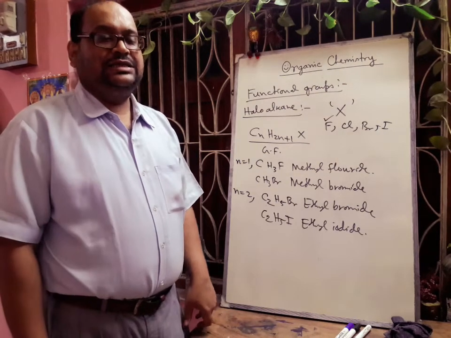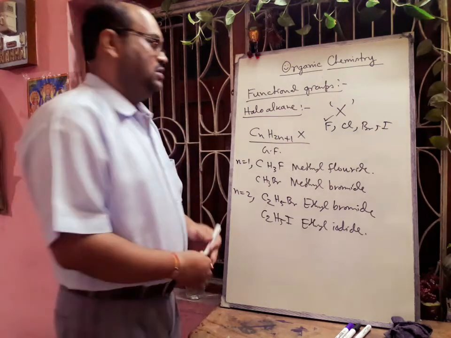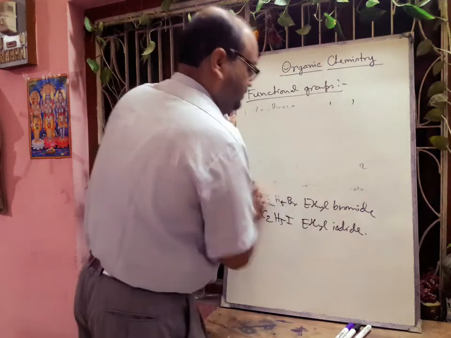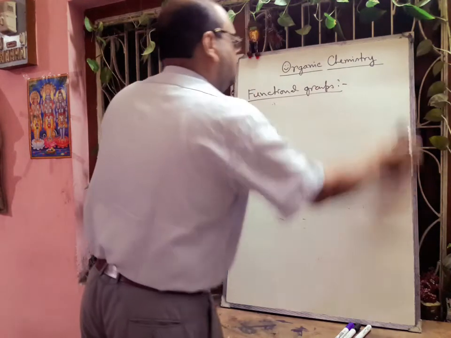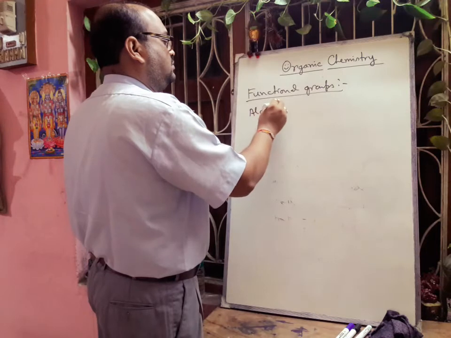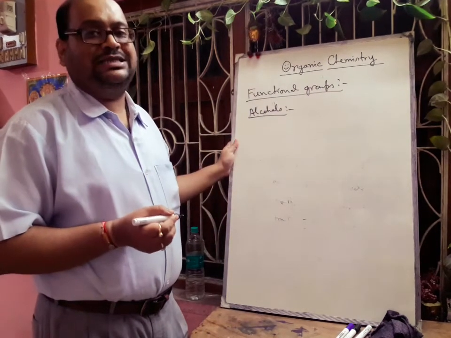Next we will discuss another functional group, that is generally called alcohols. So in case of alcohol, what is the general formula of the homologous series here?